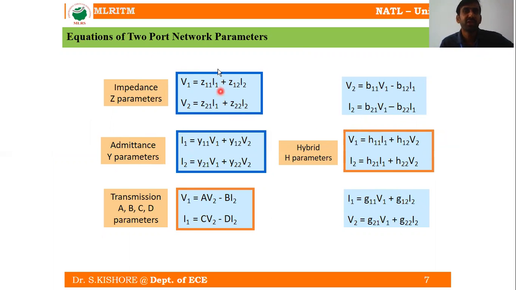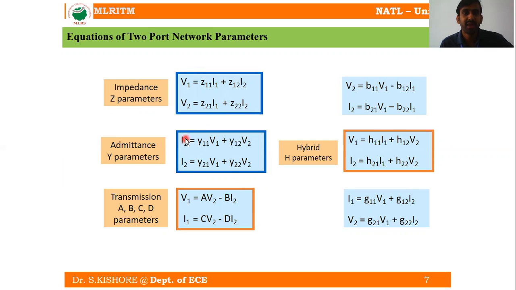So these are the different parameters. Impedance parameters are represented using the equations for V1 and V2, so V1 and V2 are our dependent variables. In the impedance parameters, V1 and V2 are dependent variables and I1 and I2 are independent variables.